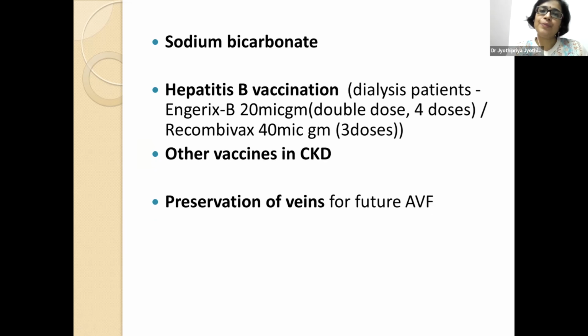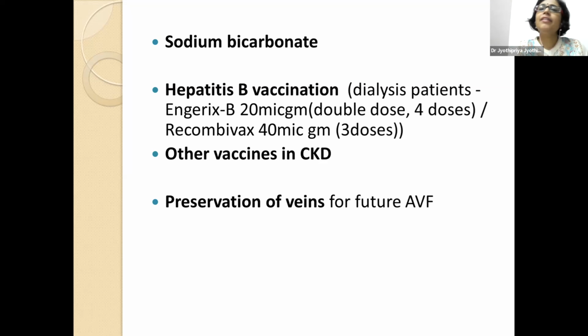Then the important thing I want to emphasize is the preservation of veins for future AVF. Most of the time in diabetic CKD patients, one of the biggest dilemmas we face is getting a good vein for fistula creation. So in the early stage itself, when the patient is under the follow-up of the physician, avoid repeated cannulation, unnecessary injections or venipuncture, so that these veins will be preserved.